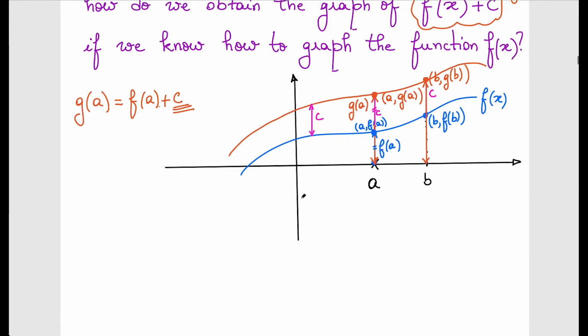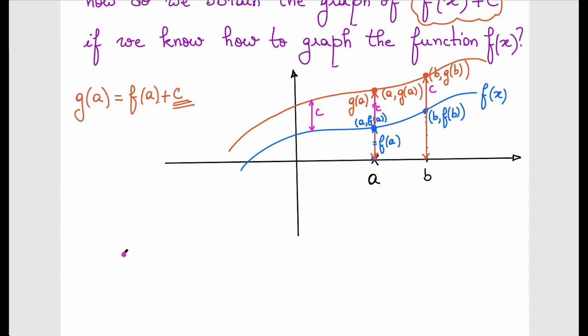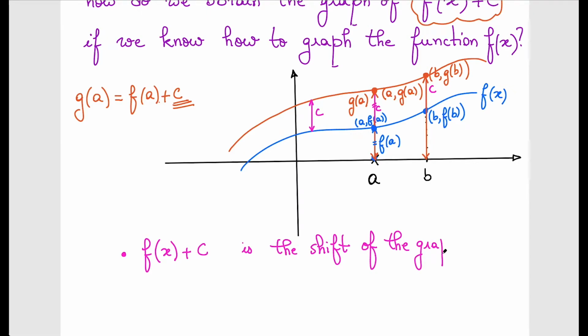Okay, so let's summarize this. The graph of f of x plus c is obtained by shifting the graph of f of x upward at a distance of c units, right?